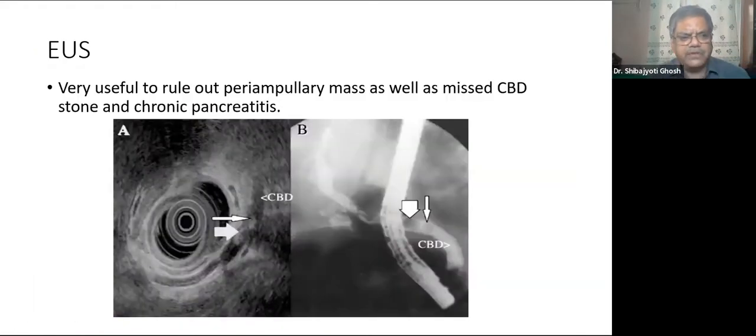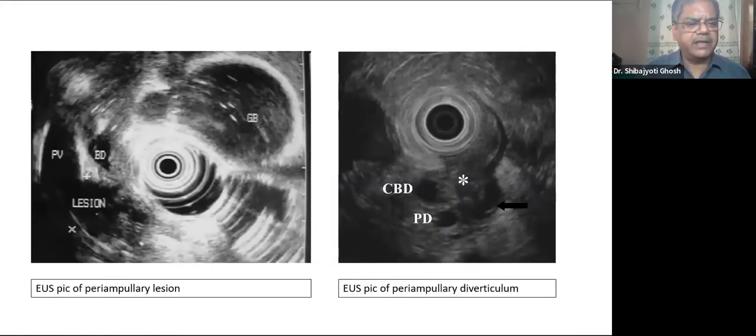Now, endoscopic ultrasonography, EUS, is particularly useful. There are some pictures of endoscopic ultrasonography, and it can very well see if there is any stone or chronic pancreatitis. As I said, it can also demonstrate the presence of a mass lesion, particularly in the periampullary region. So endoscopic ultrasonography is very useful.